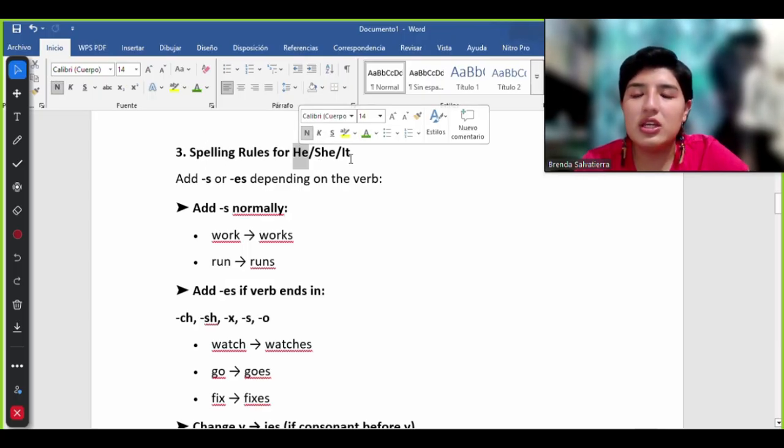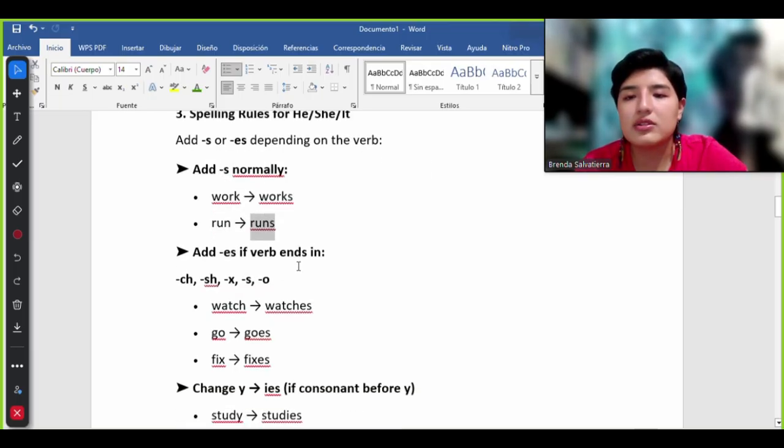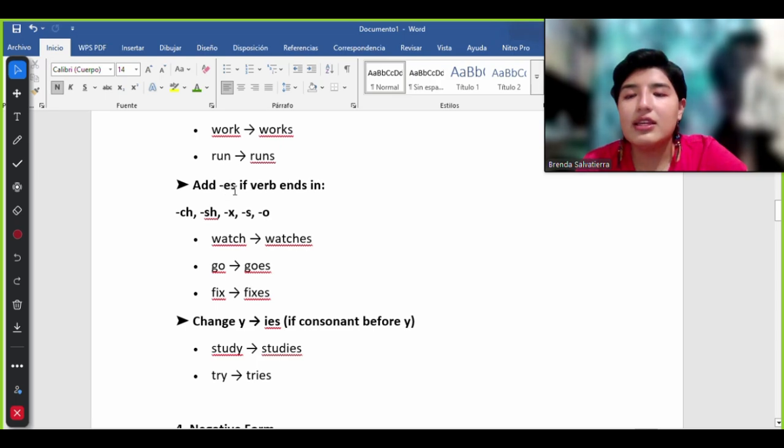Number three, spelling rules. For he, she, it, add S or ES depending on the verb. Add S normally. Work, works. Run, runs. Okay. We add ES if the verb ends in CH, SH, X, S, or O. Watch ends in CH, turns into watches.